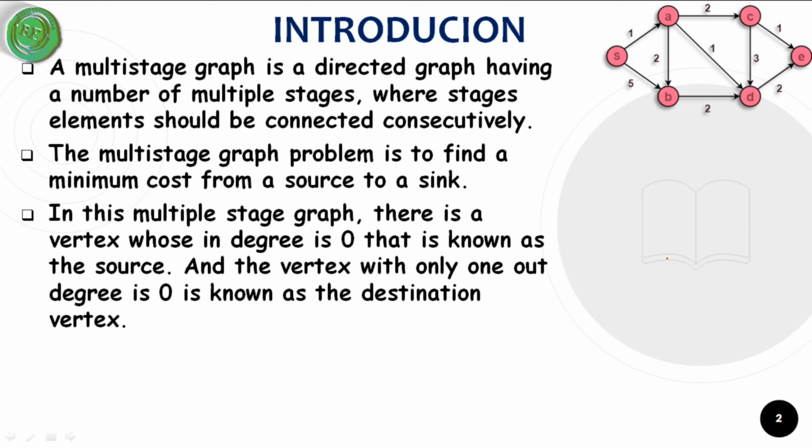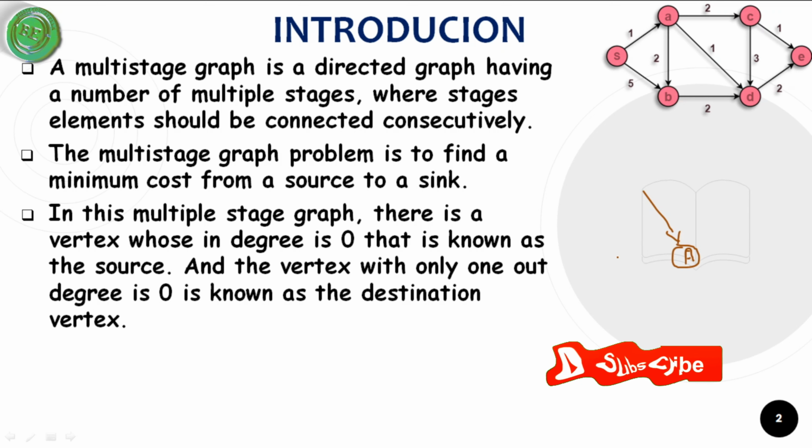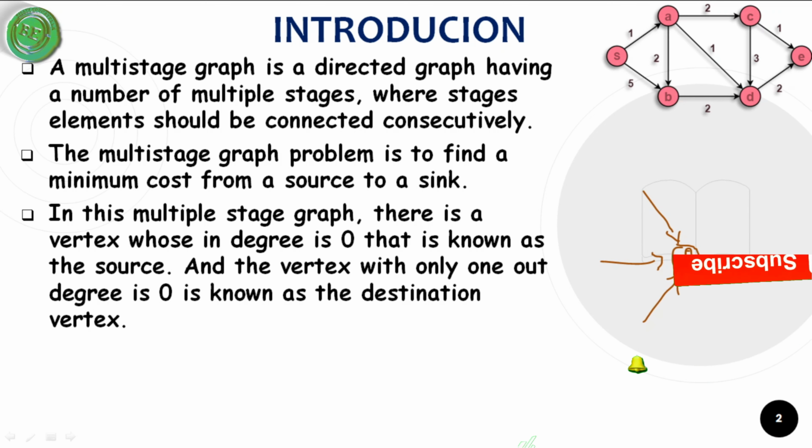So what is an in degree? Here I consider a vertex named A. There are some edges directing towards this vertex. The number of edges directing towards a vertex is known as the in degree.